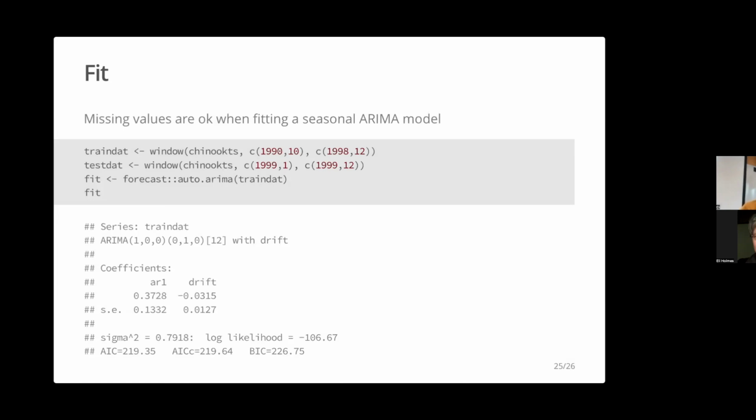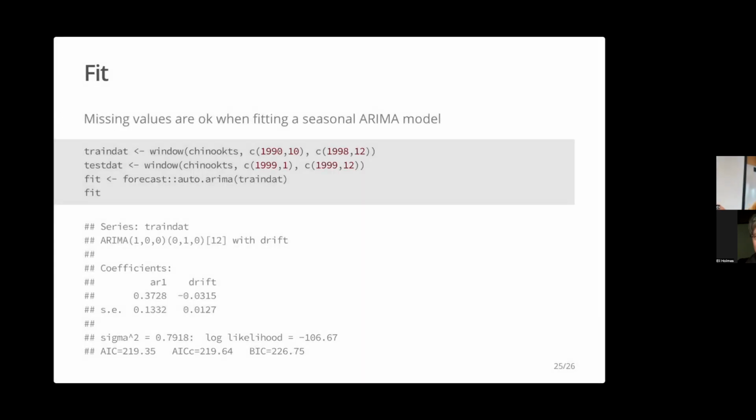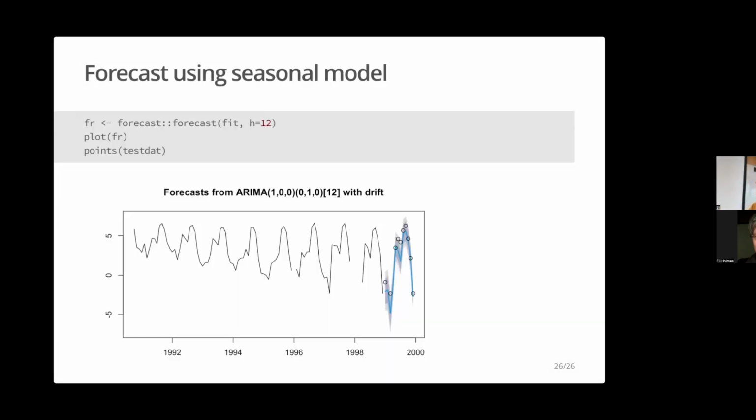That's great. So we fit the model with our auto ARIMA, let it go ahead and select the best model based on, like I said, I think it's using AICC. And here we go. We trained on all this data.